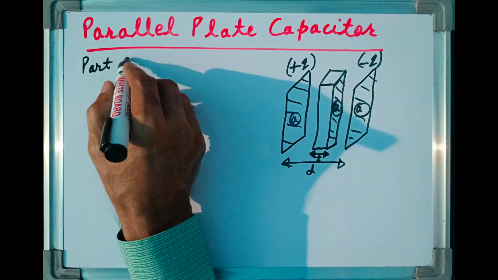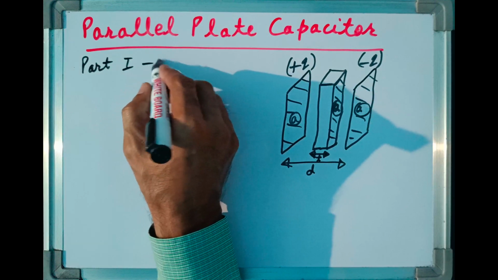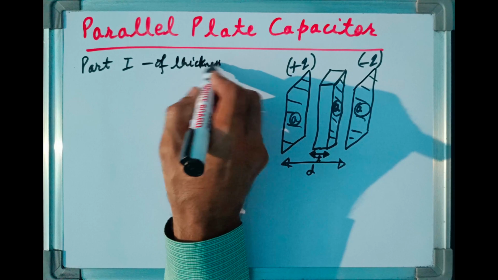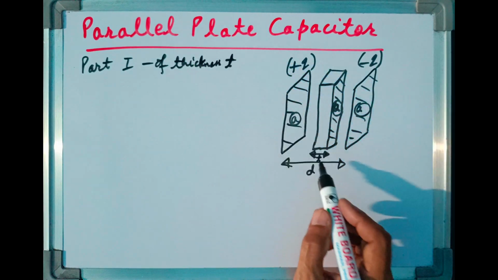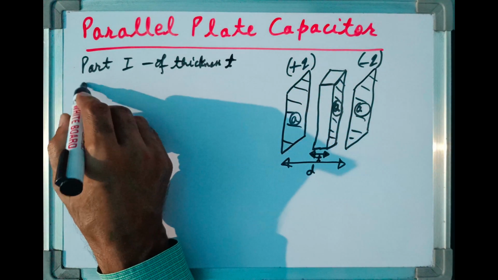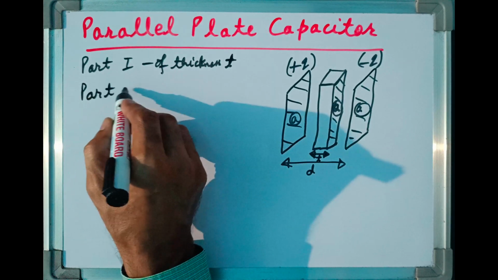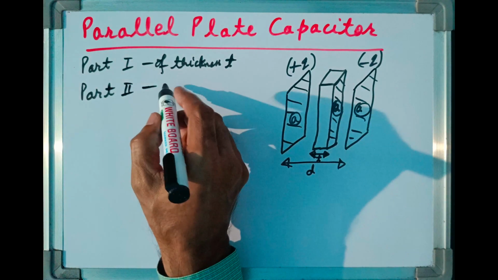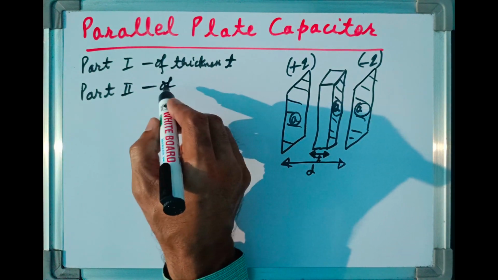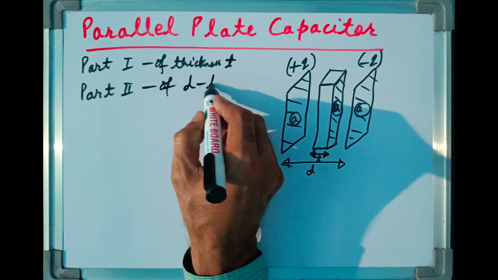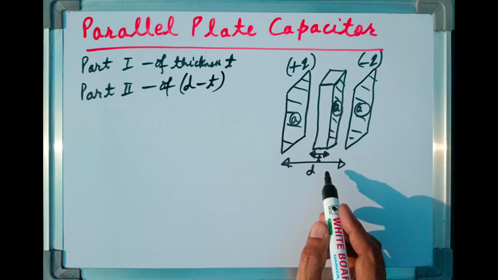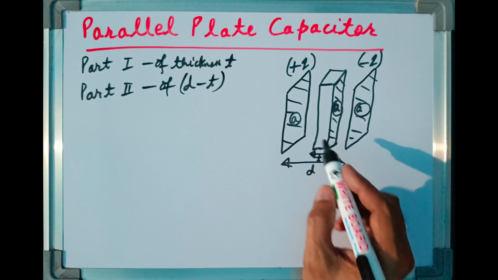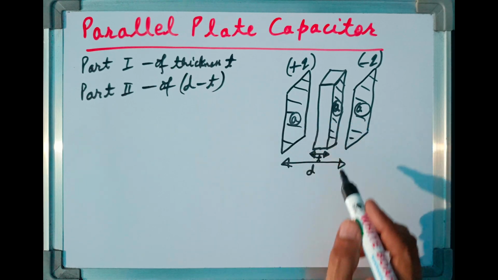One part of thickness t, that is slab, and second part of the capacitor can be supposed to have dimension d minus t, because the total dimension is d. After subtracting this thickness, we are left with d minus t, this space and this space.